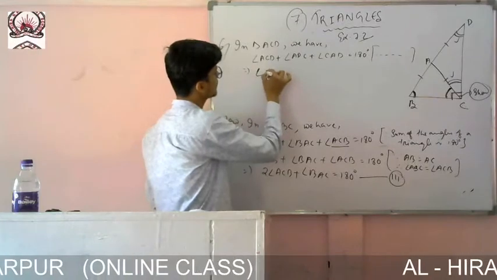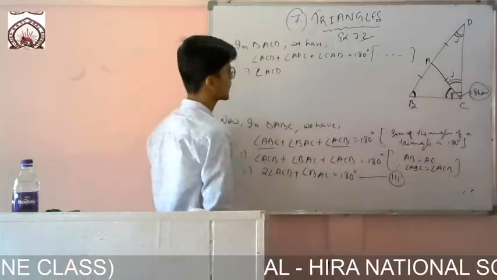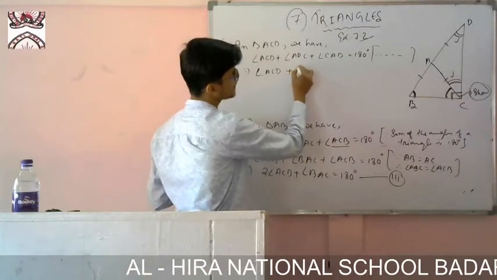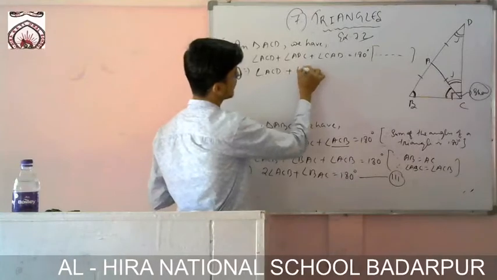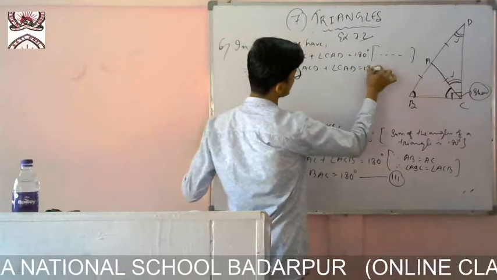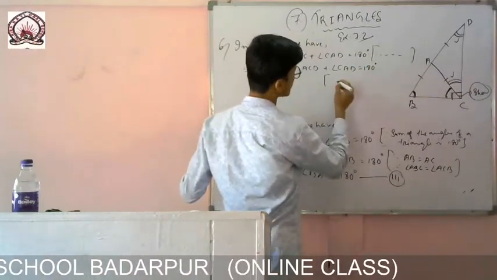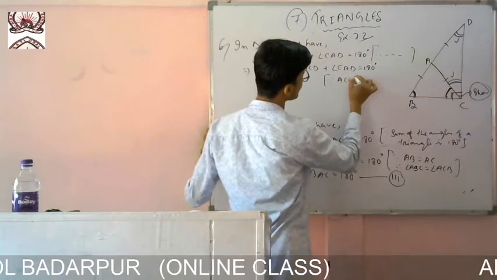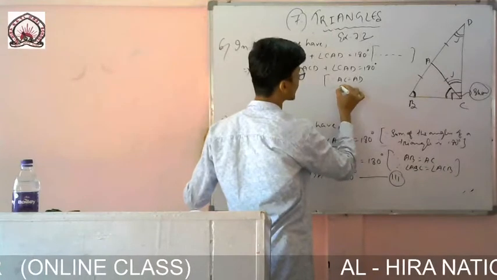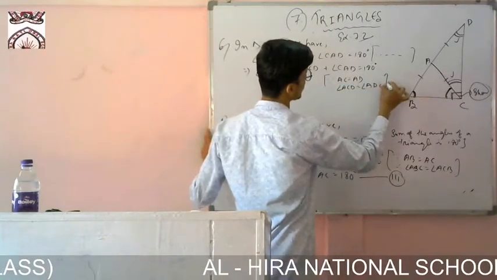So let me write ACD, because I need this one and this one. When I will add, then only I will get 90 degree. Okay. So ACD plus angle ADC, in place of ADC I can write ACD plus angle CAD equals to 180 degree. And reason you write since AC is equals to AD, so therefore angle ACD is equals to angle ADC.